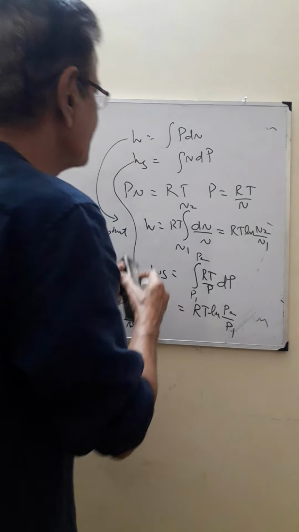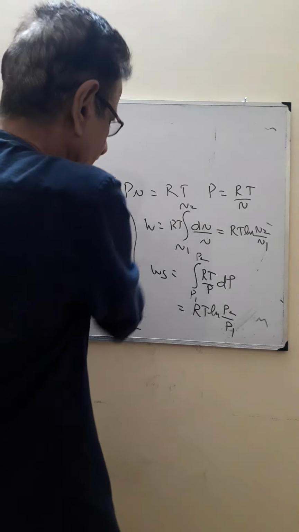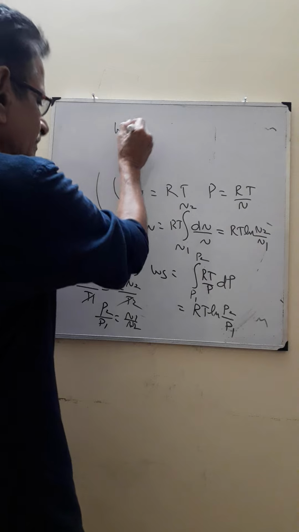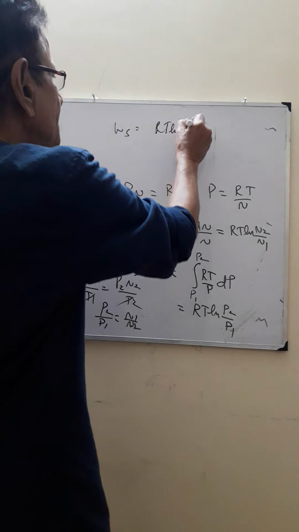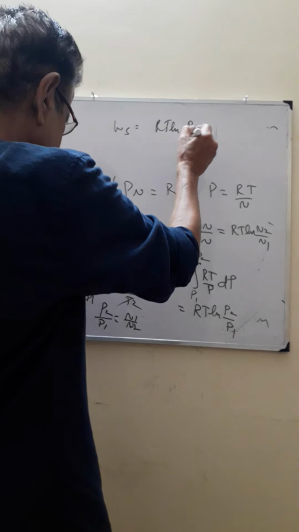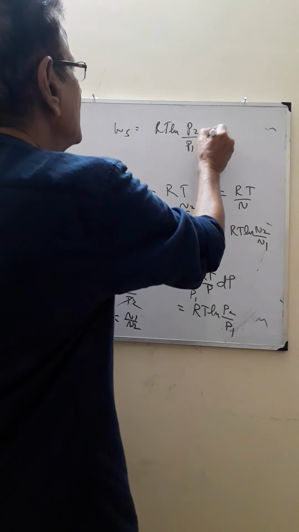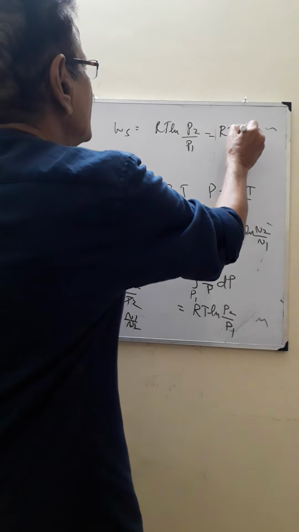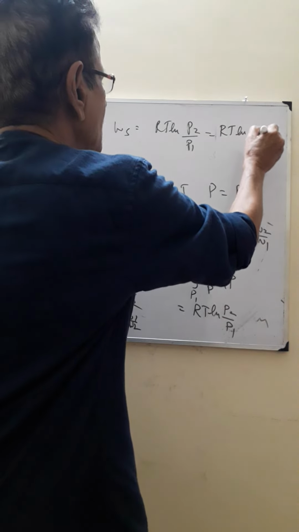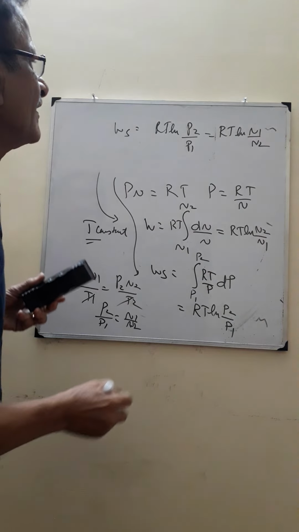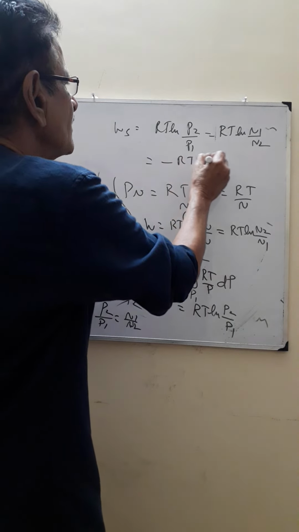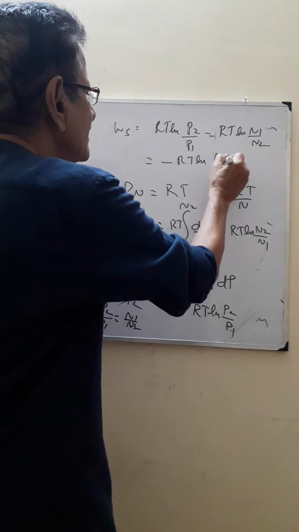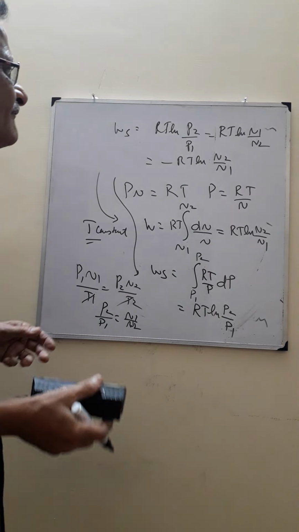We will get Ws is equal to RT log P2 by P1, that's equal to RT log V1 by V2, or it is minus RT log V2 by V1.